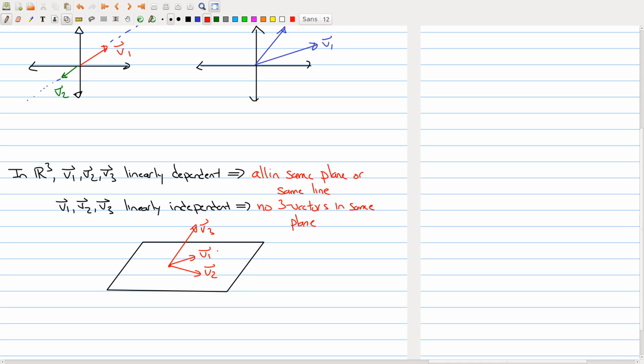So you can think about R4. What would happen if you had four vectors? You have a first one, a line in R4, then you would have another vector, which, if it's linearly independent, will give you a plane. If you take another vector which is linearly independent, it will point outside of that plane, giving you an R3. And then this is where it gets a little hard to visualize.